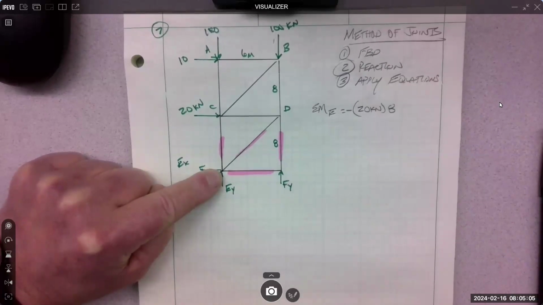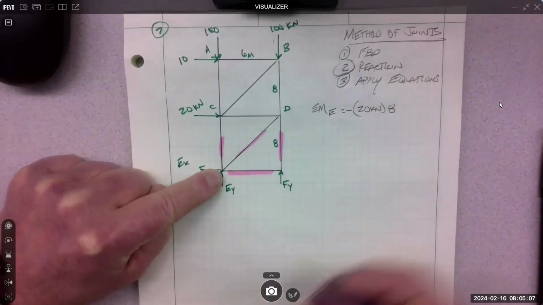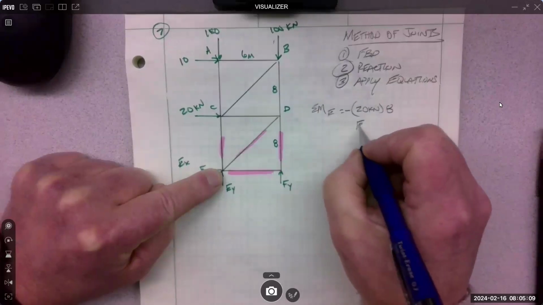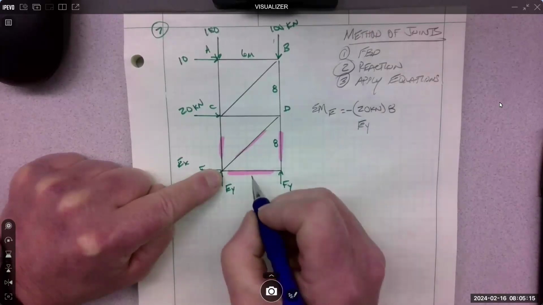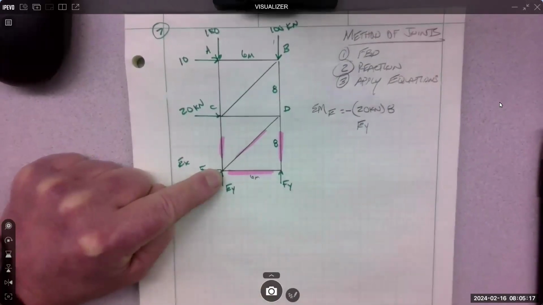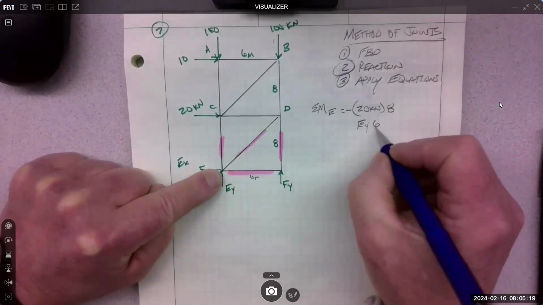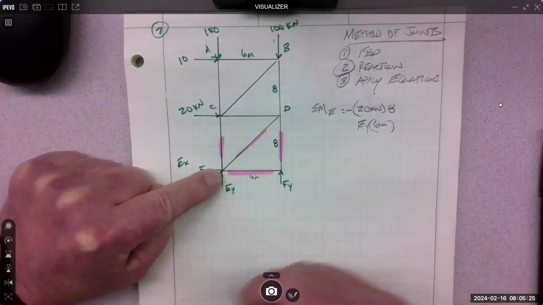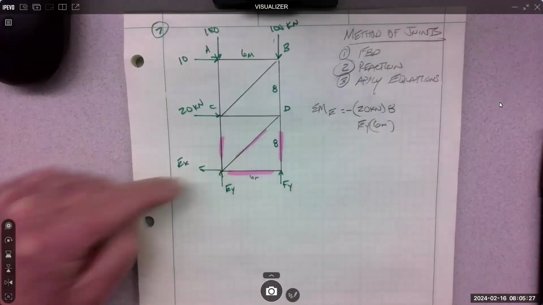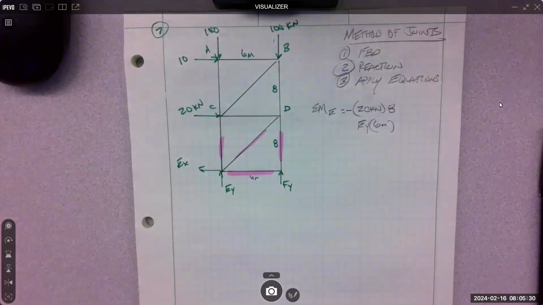I did hear EY, but I heard 20 also. So we'll throw EY in there now. EY times 6. Rotation, I drew it up. So my rotation is... wait, I thought we were doing the moment about E, right?